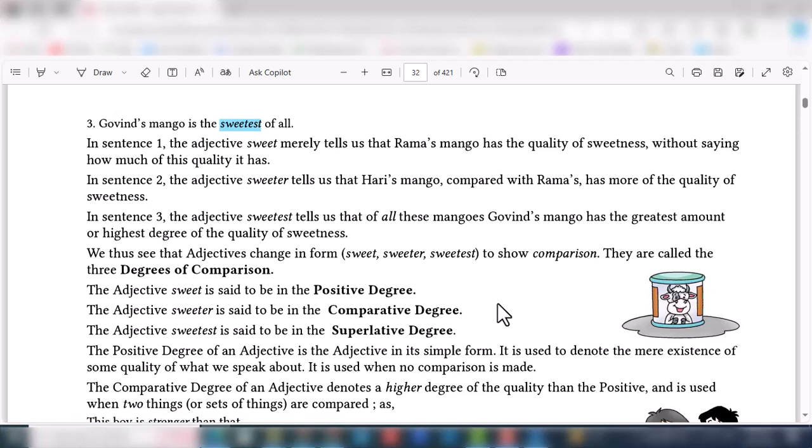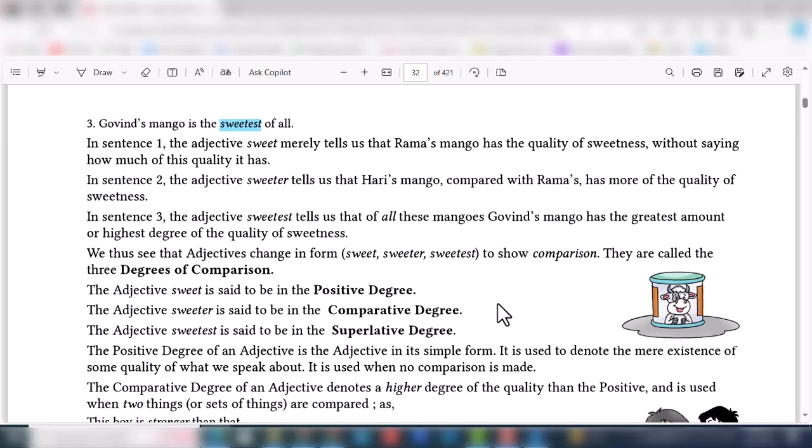So what is the positive degree? The positive degree of an adjective is the adjective in its simple form. It means that we show the quality of that person or thing or place. It is used when no comparison is made in this quality.